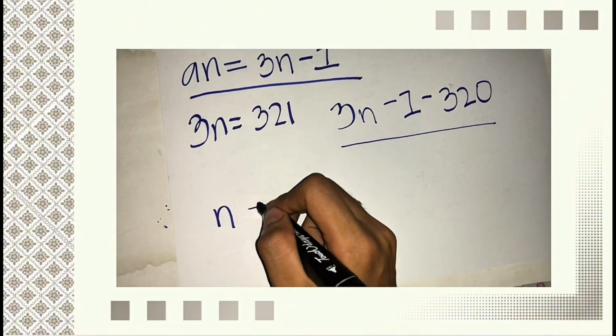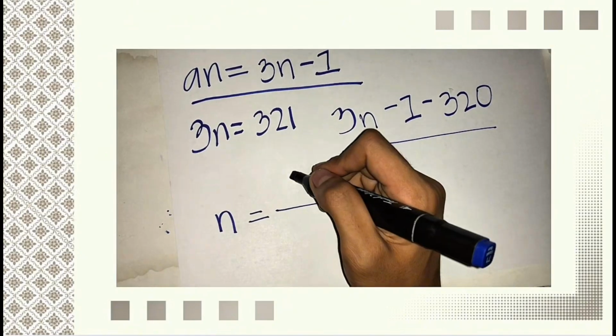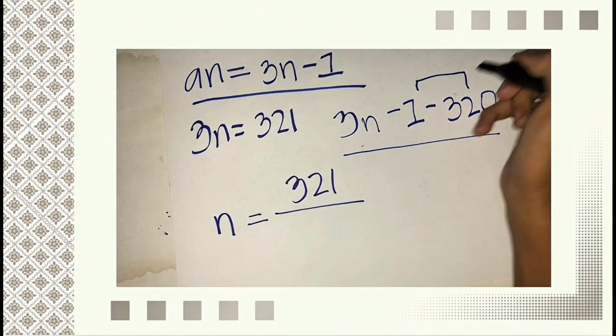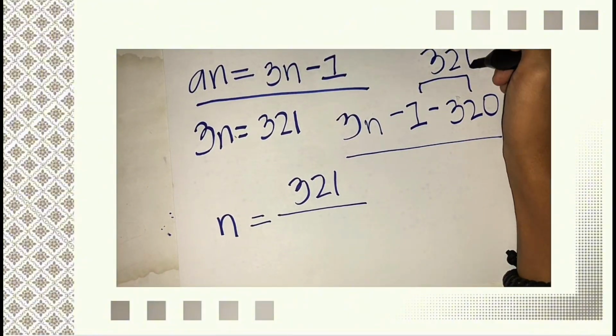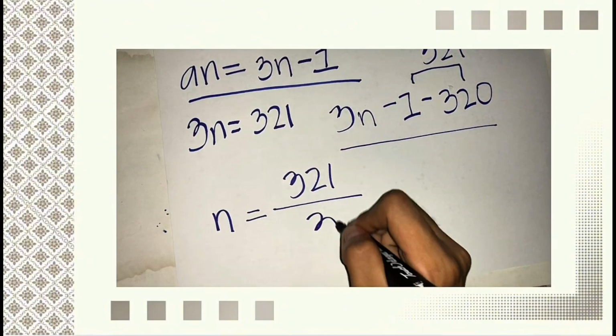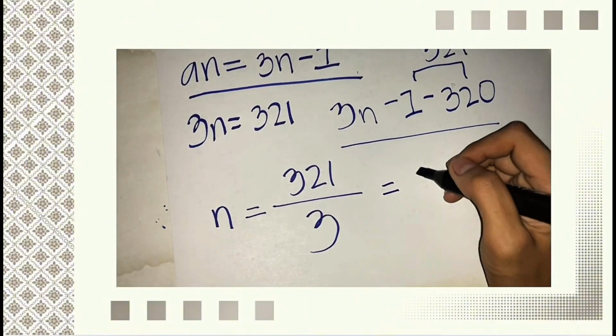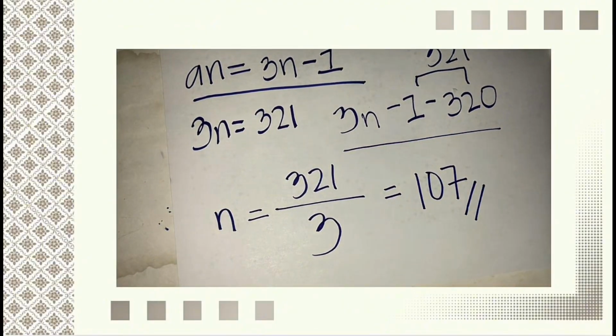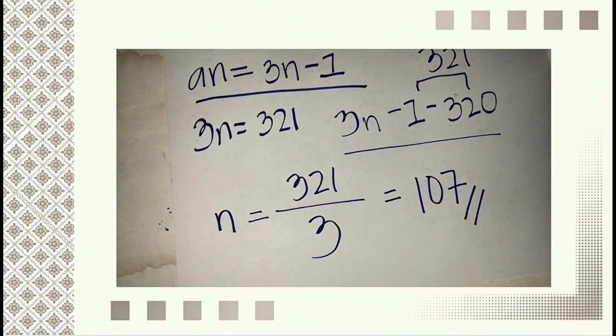So n is equals to 321 divided by 3. So n is 107. So that is our final answer, 107.